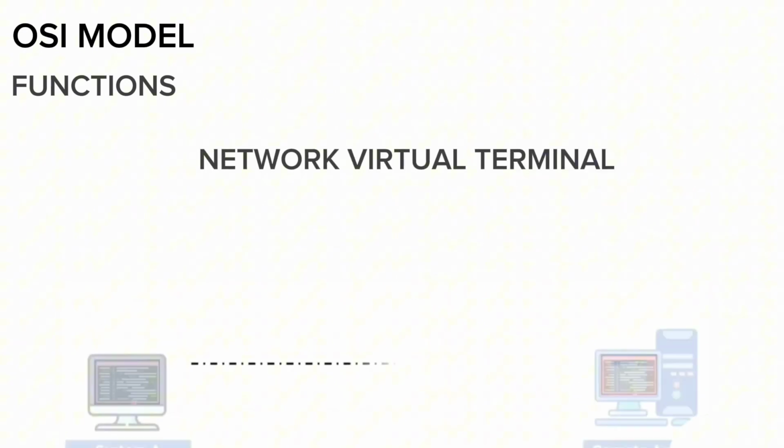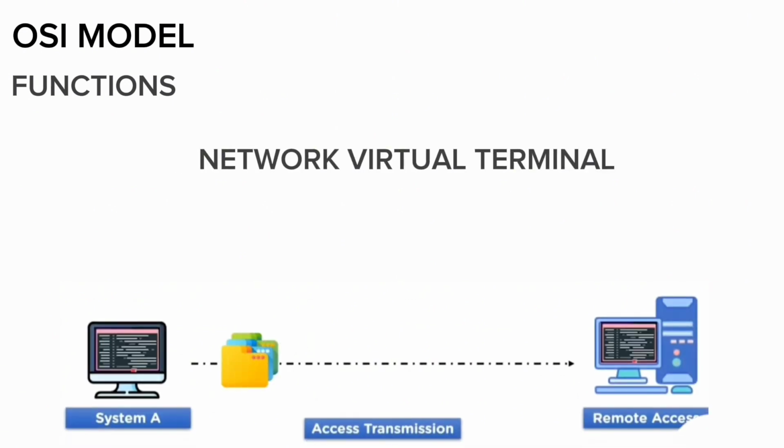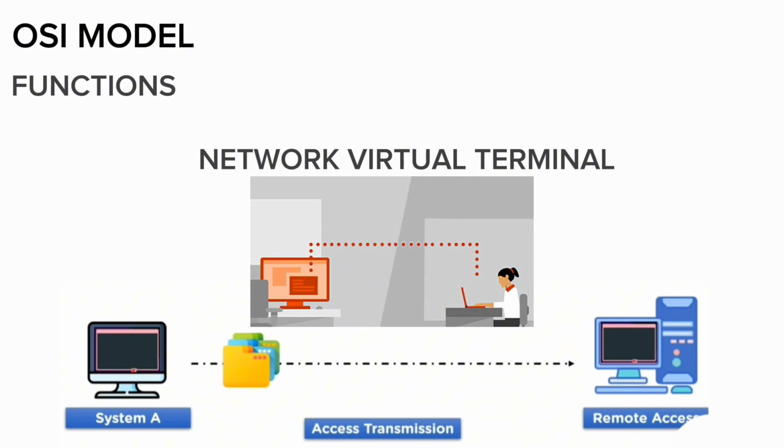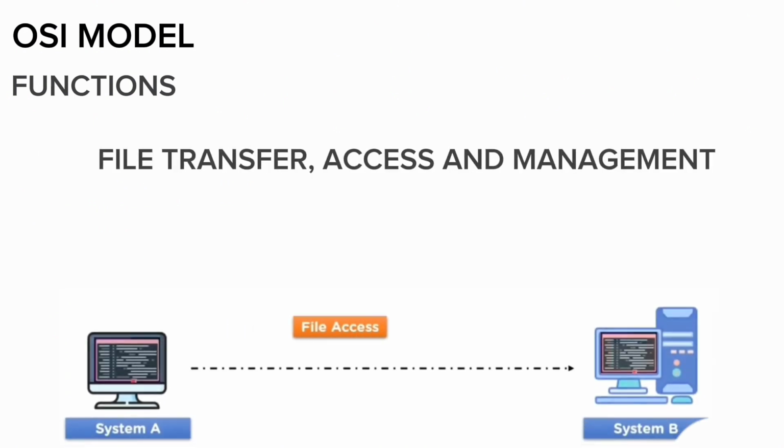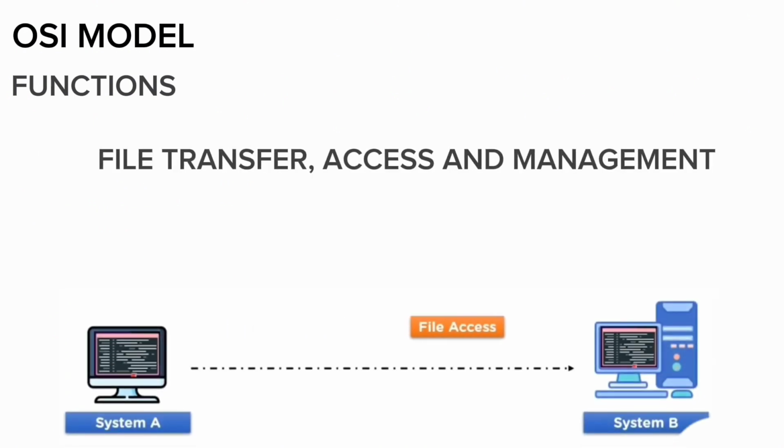The network virtual terminal allows the user to connect the user system to a remote device to access functions and services. To establish remote access for the user, the application layer emulates a terminal at the remote host. The second function of the application layer is file transfer, access, and management.